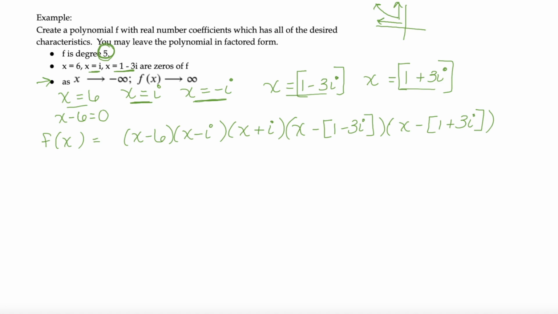Therefore, our a value or our leading coefficient could be a positive or a negative value based on our lesson from lesson 3.1. So I'm only going to just put an a here. We're going to have a leading coefficient of some kind. That leading coefficient could be 1, or it could be a variety of different values, such that it could be a positive or a negative. We're not sure. All it's giving us is the left end behavior. It's not giving us the right end behavior.